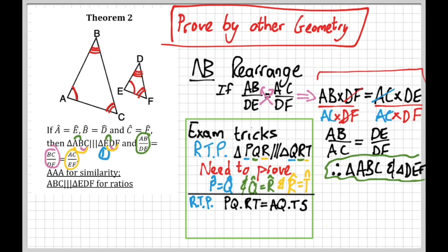What I like to do before I jump into anything, I'm actually going to rearrange this. So what I'm going to do is divide the RT to the right, and divide the AQ to the left. And I'm going to sit with PQ over AQ equal to TS over RT.